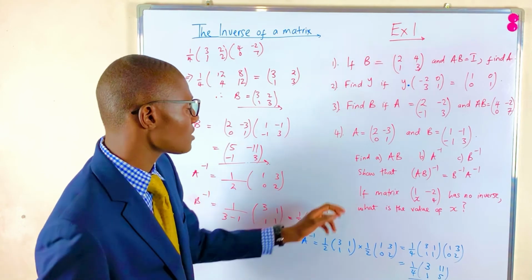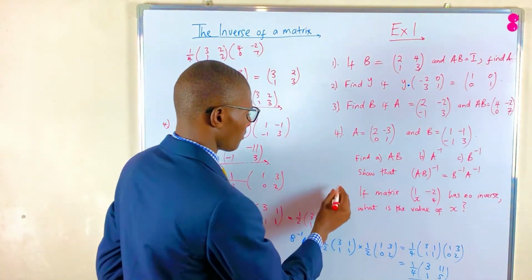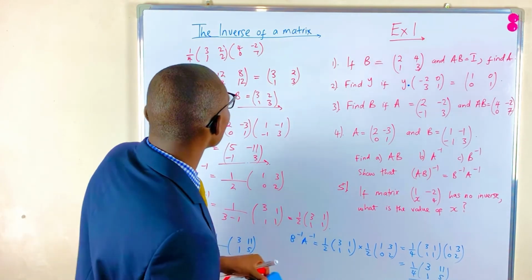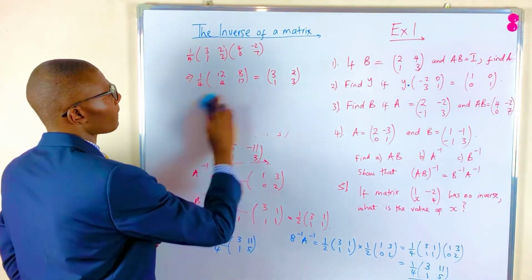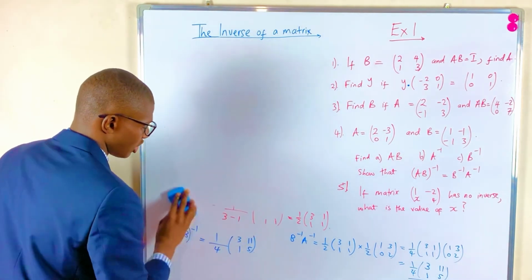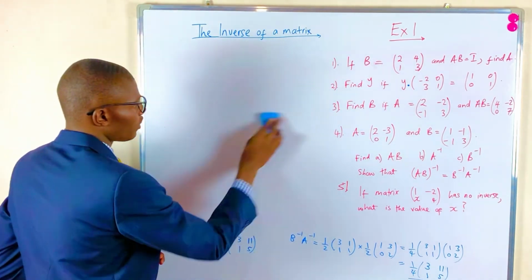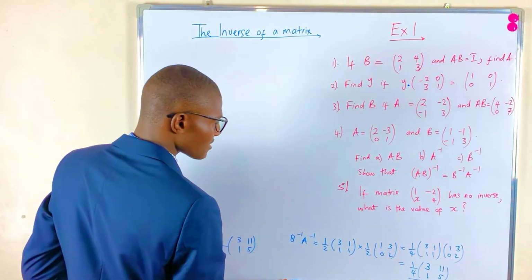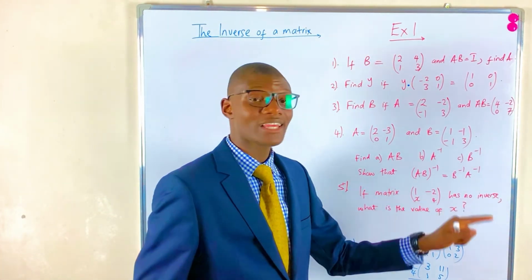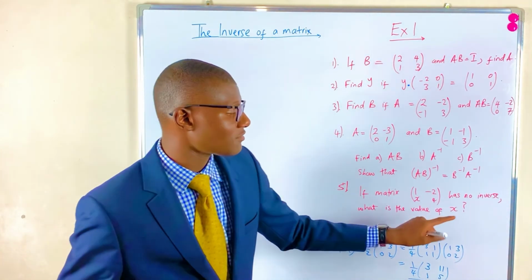And then this is for number 5, which is the last question. Number 5 says that if the matrix [1, x; -2, 4] has no inverse, what is the value of x?